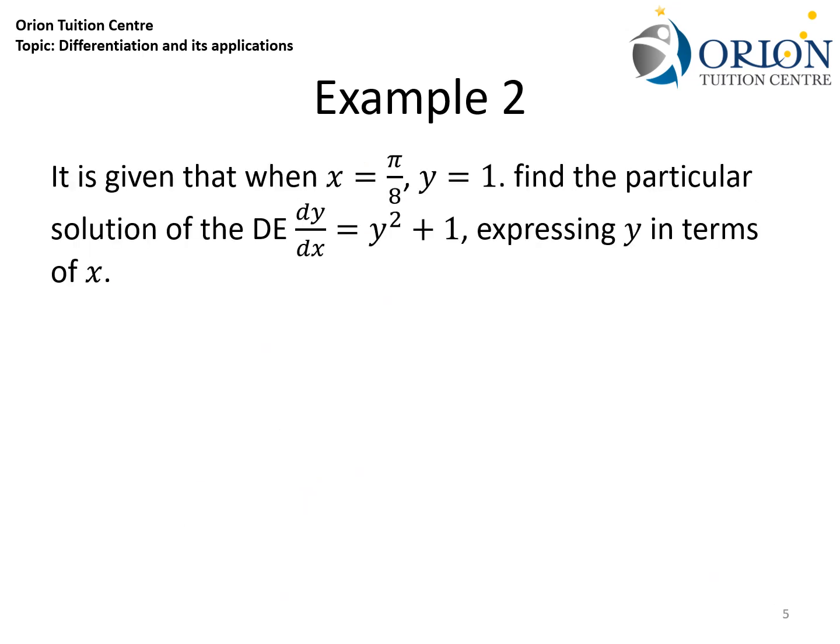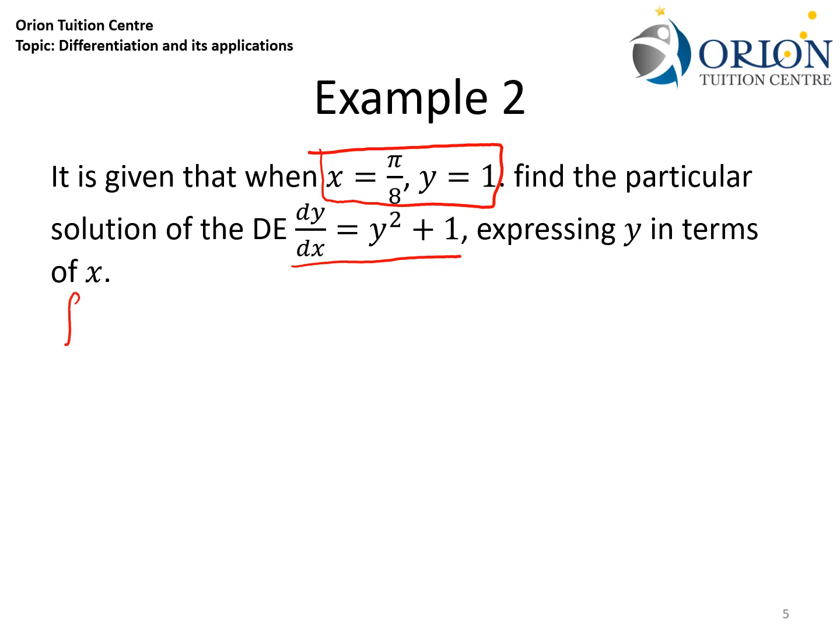In example 2, we are now required to solve this DE, but not just for the general solution, instead for the particular solution, since we are given a set of x and y values that we can substitute into our general solution to obtain the particular solution. So let's solve for the general solution first.